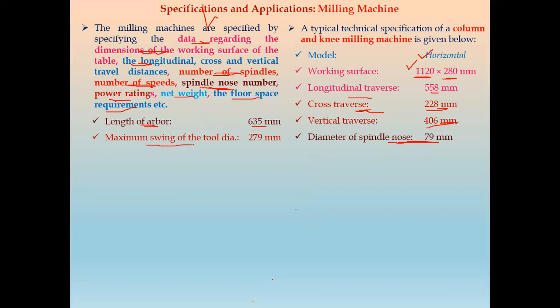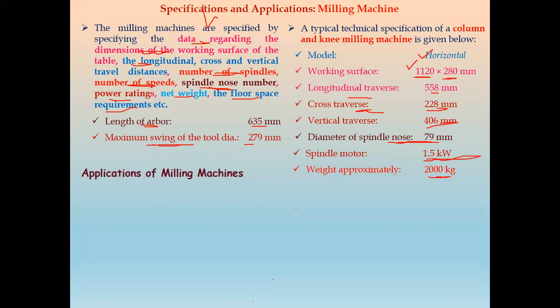Then the maximum swing of tool diameter, that is, the tool can swing up to 279 mm. Then we have the spindle motor, which is 155 kilowatt, and the weight of the milling machine is approximately 2000 kg. These are some typical technical specifications used in the column and knee type of horizontal milling machine.